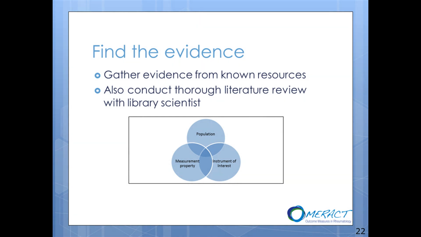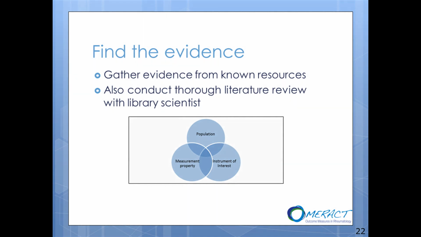So now we move into the step then of finding that evidence. The first thing you might want to do is gather the evidence from known resources. If there's a manual, if there's the developers available, can point you to some really key references for this instrument. And then also conduct a thorough review of the literature with a library scientist to help you. And when we do that literature review, we're going to do a Boolean logic.